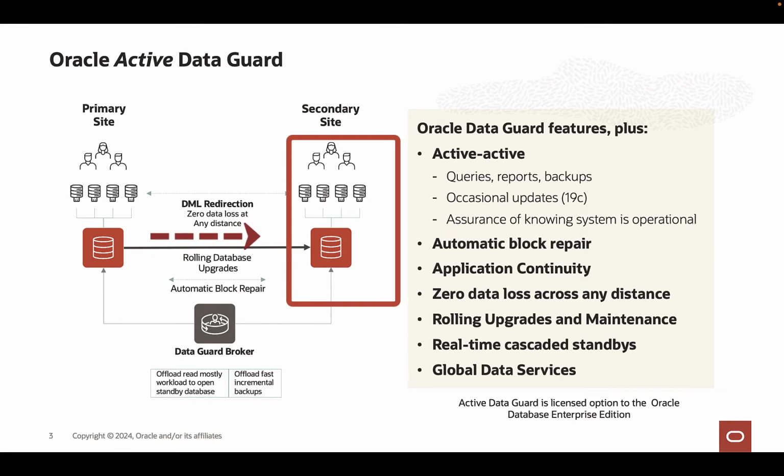All of these workloads would otherwise be consuming valuable resources on our primary production site. This is typical of an active-active configuration. We are putting the standby site to work, but not as a full production site.